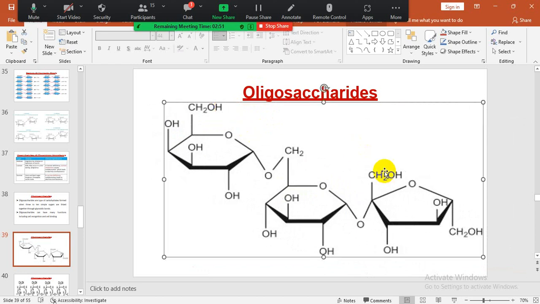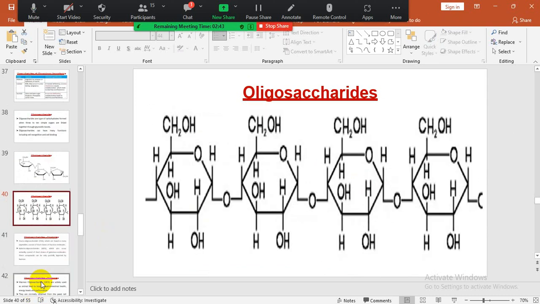How many monosaccharides are here? 3, okay. Abigail, how many monosaccharides are here? 4. Okay, Prosper, how many glycosidic bonds are here? How many glycosidic bonds are here?